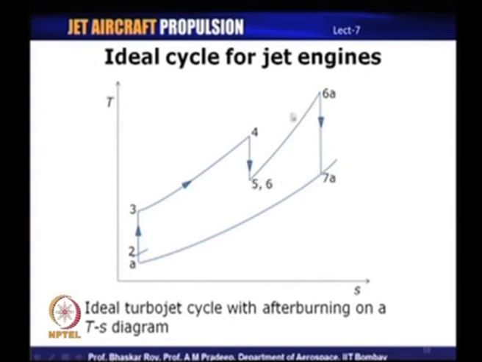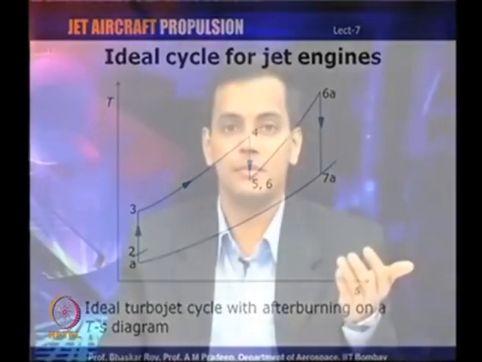If afterburning was not there, the nozzle would have only this much enthalpy drop for expansion, and now there is an additional enthalpy drop because of the heat addition during the afterburning process. So, an ideal turbojet engine with afterburning is basically the Brayton cycle with reheat.